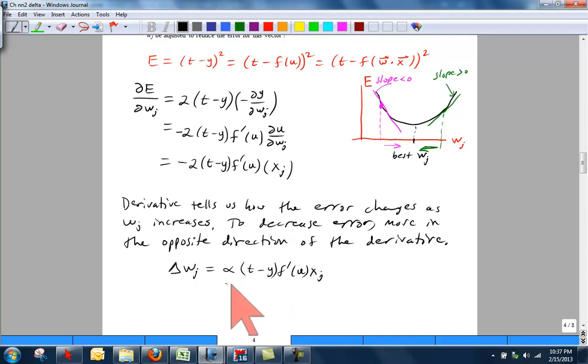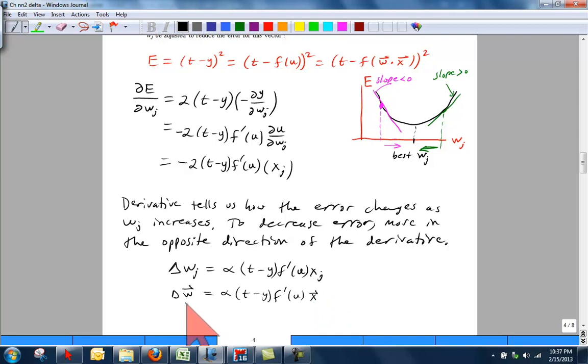There's an xj, and all right, I could have put a w1 and then I have an x1, a w2, I have an x2, or just as a vector. Delta w, delta vector w, is alpha t minus y f prime of u times vector x.